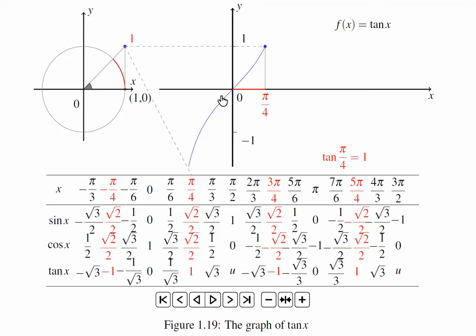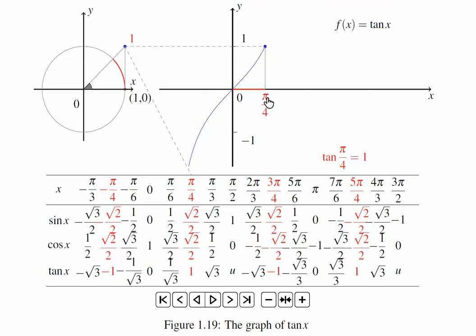From 0 to pi over 4 is this red part, the length of the arc. The length of the arc is used to measure how big this central angle is.